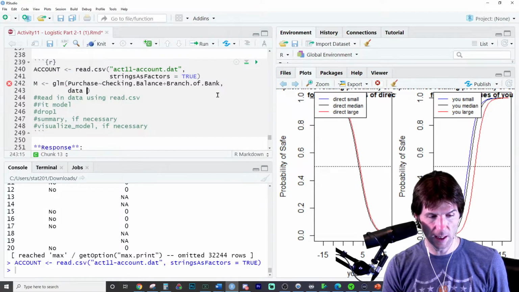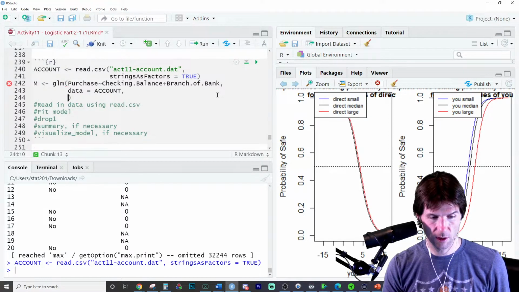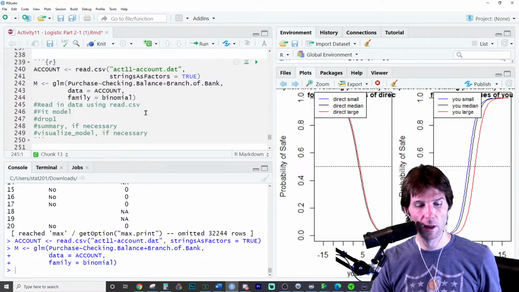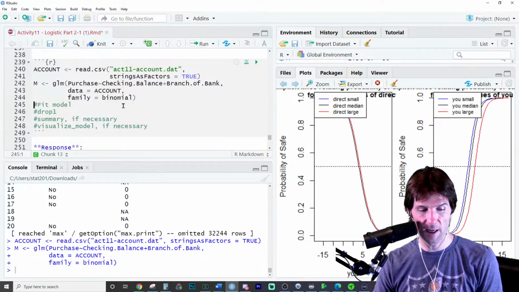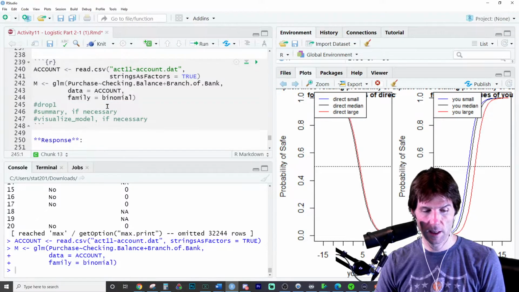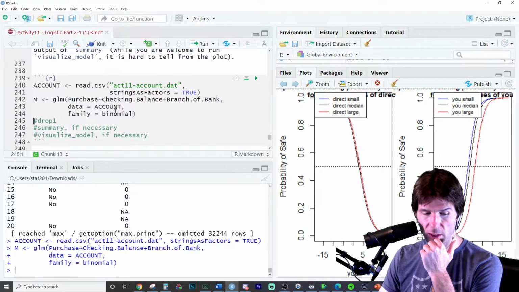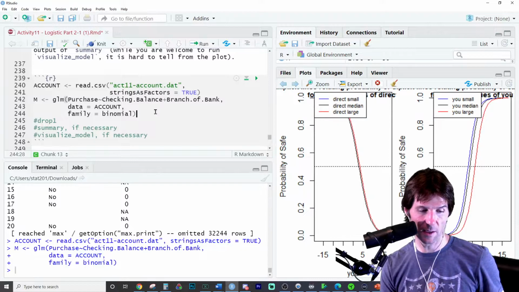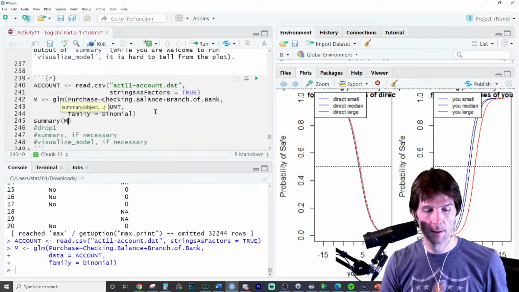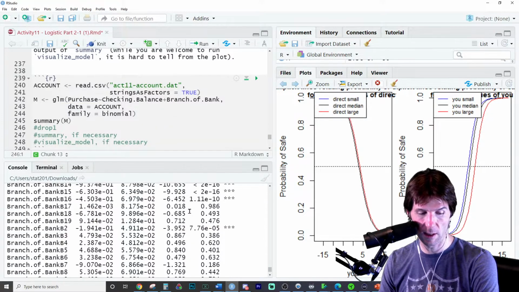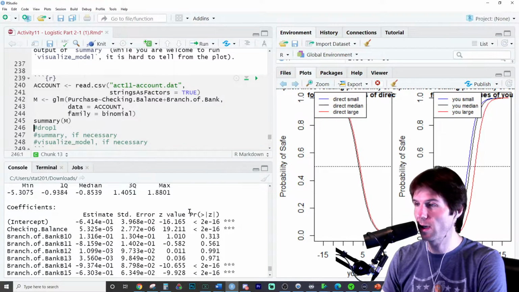Now we need to do data equals account, comma, family equals binomial. Should work. There we go. And we've read in the file. We fit the model. We probably need to drop one because branch of bank probably has a lot of variables. So let's go take a look right here. Yes, it does. Look at all those bank locations right there.